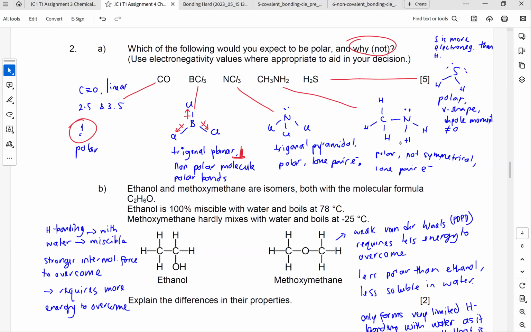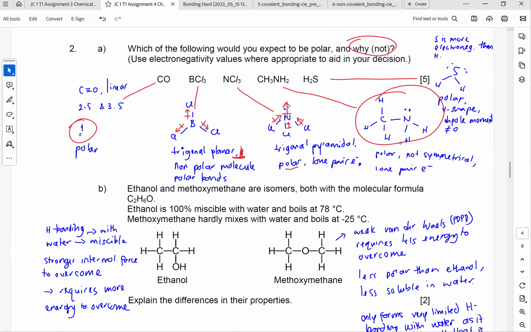Okay, next is NCl3. I think nitrogen is more electronegative than Cl. So the net dipole moment is pointing towards nitrogen, and that's why it's polar, right? Because the dipoles do not cancel each other. Now, a lot of you do not know how to draw CH3NH2.